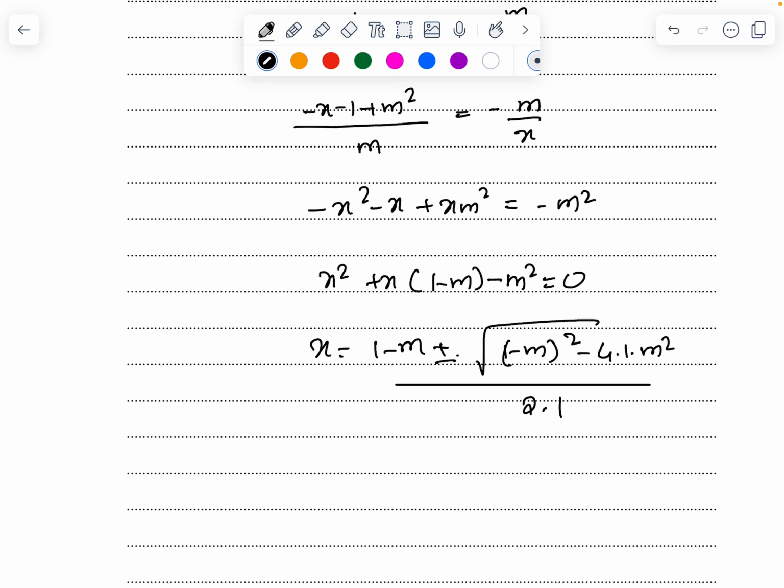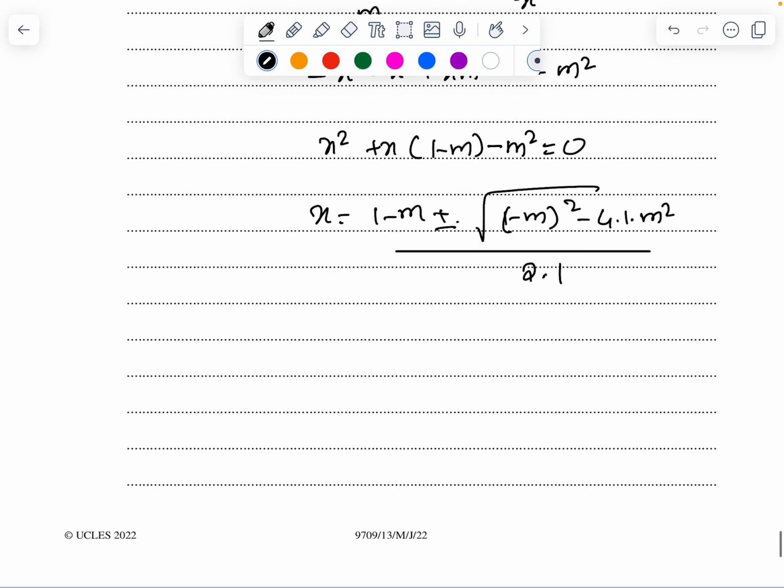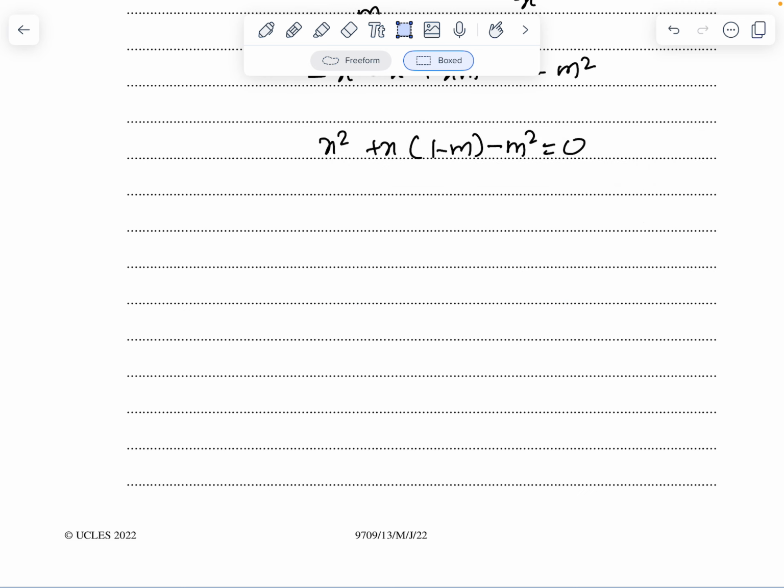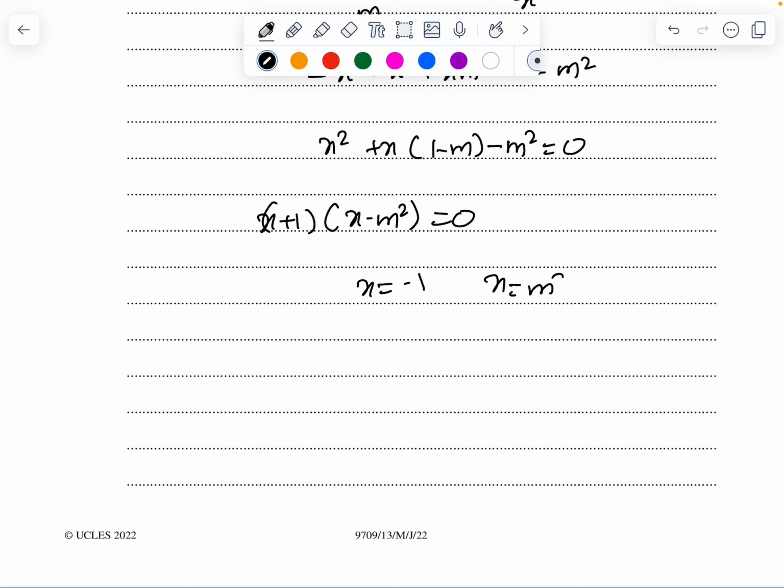This will be a somewhat difficult method, this formula method. So rather than that, I will factorize it. If I factorize, it becomes (x plus 1) times (x minus m square) equals 0. So x equals negative 1 or x equals m square.